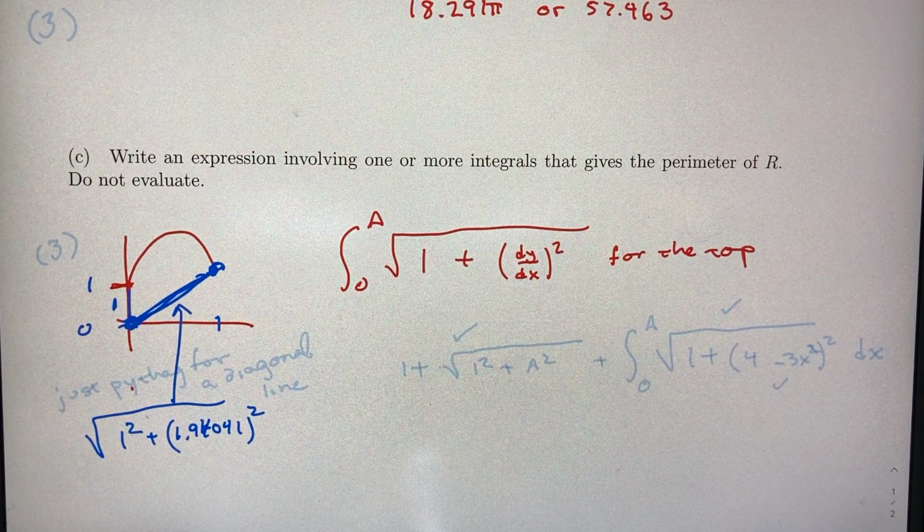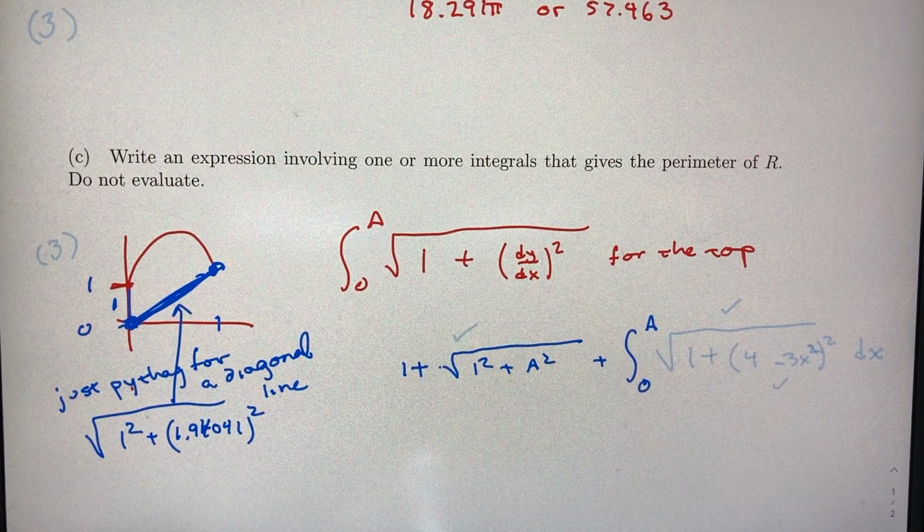The straight line diagonal is just Pythag. Okay. So 1 plus the derivative of that function is just going to be 4 minus 3x squared. Don't forget the extra squaring, and you don't evaluate it.